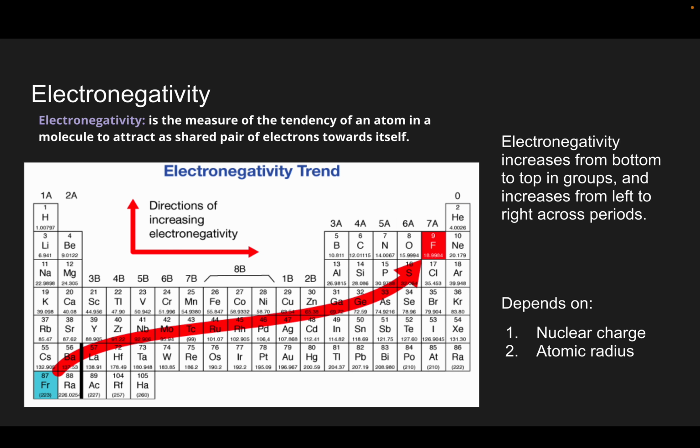And the last one is electronegativity. I think you already heard this in MYP, and you're familiar with this concept. The definition is: electronegativity is a measure of the tendency of an atom in a molecule to attract a shared pair of electrons towards itself.